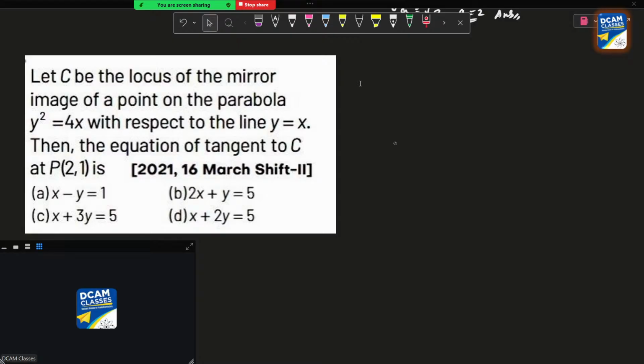So you have to find out the locus, like we have already done, and then you have to find out the equation of tangent. You won't be able to do this question until you find out the locus.